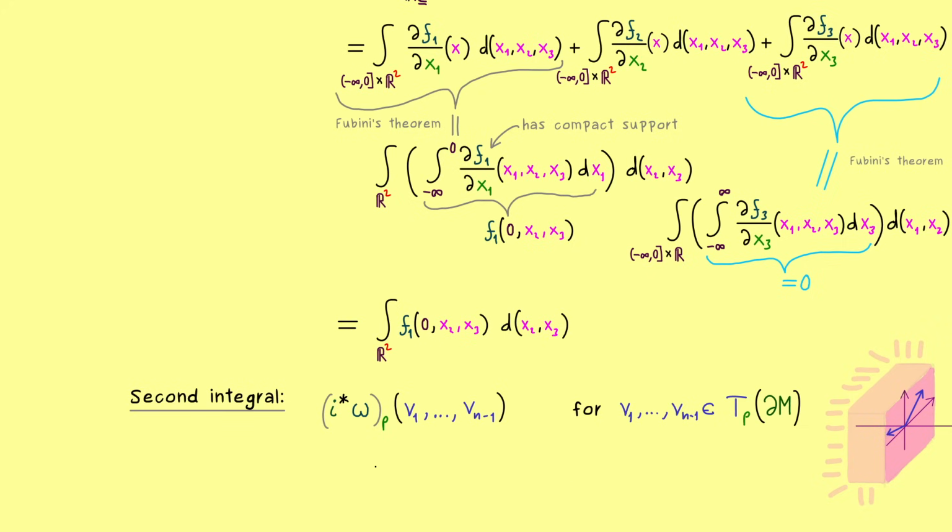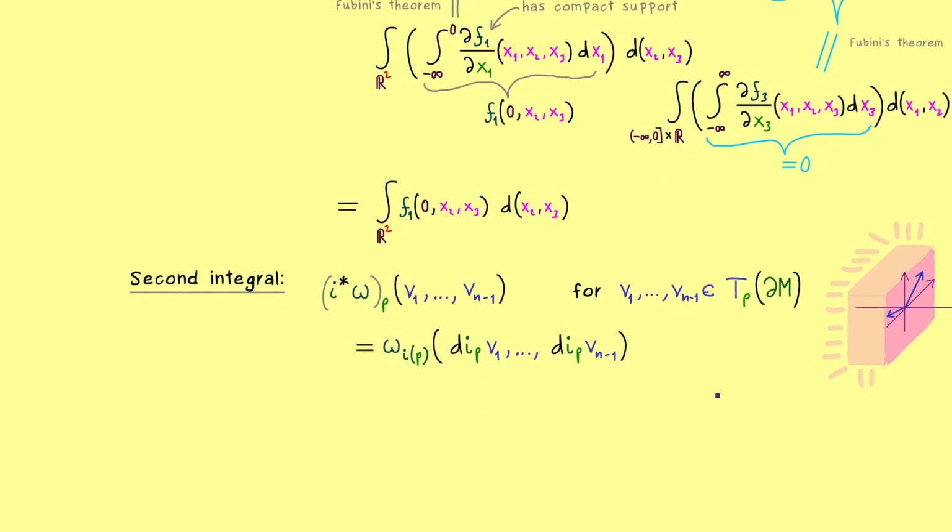And this one we have to embed into the n-dimensional vector space TPM. And this is done by the pullback, and the definition is not so complicated. First we have omega at the point I of P, and then the vectors are just transformed by the differential of I. So this is the general definition of the pullback, and of course the differential for the inclusion map is quite simple all the time.